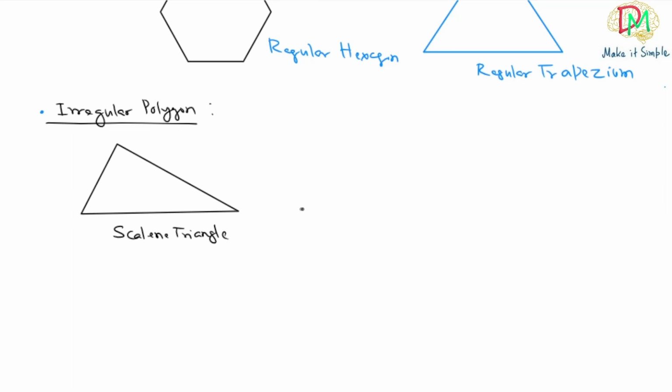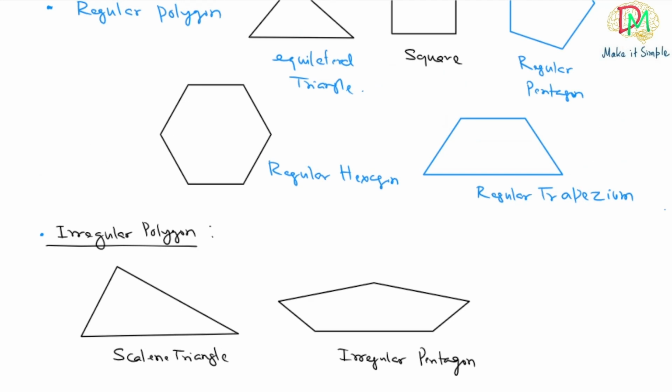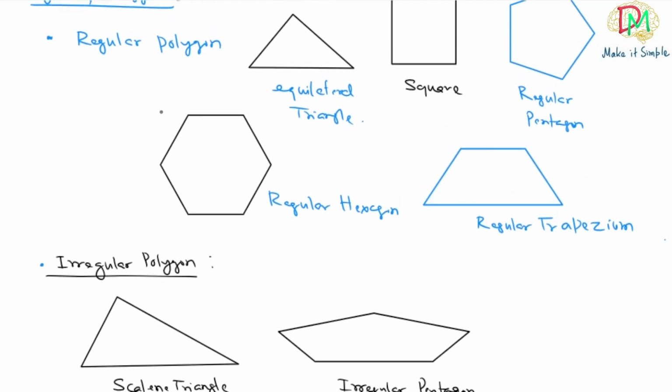Irregular pentagon. And one thing you must remember, that for a regular pentagon, all inside angles, or internal angles, are the same. Clear? But here the internal angles are not the same.